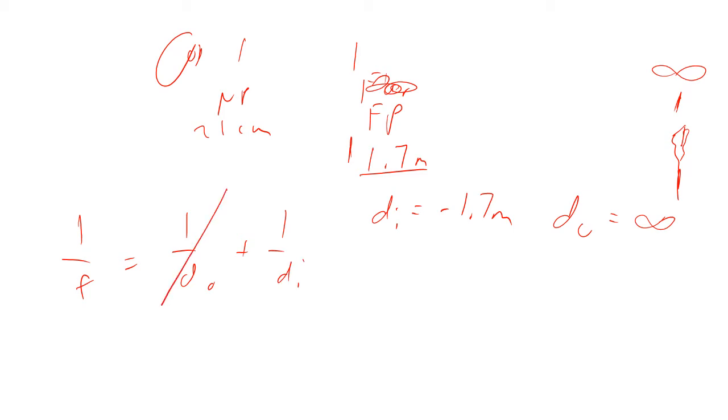The 1 over DO term is now 0. So 1 over F equals 1 over DI, and so F would be minus 1.7 meters. Well, in optics, we often talk about the strength of a lens. The strength of a lens is defined to be 1 over F.